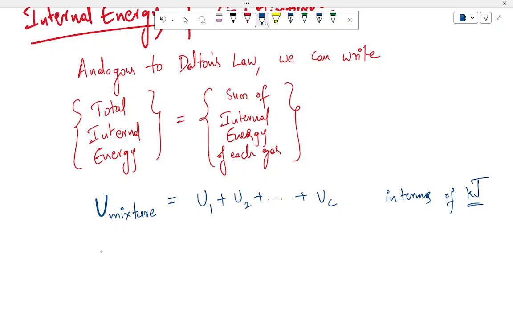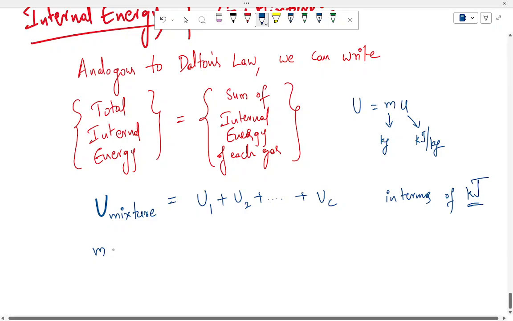The same thing, if I write in terms of kilojoule per kg, what I have to do? The U will be equal to mass into small u, so that the mass is measured in kg, and u, that is the specific internal energy, is measured in kilojoule per kg. So I can write the U of the mixture as the mass of the mixture into the specific internal energy.